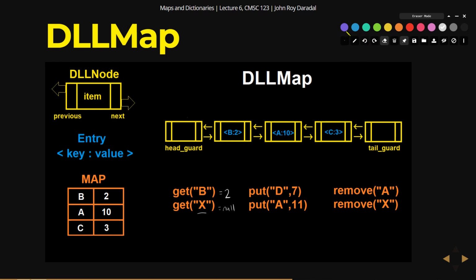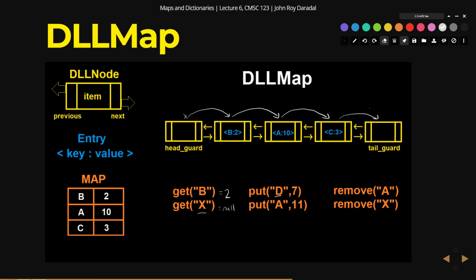Now how about for put? For put, let's say we put D7. First we need to make sure that the key D does not exist, right? So we have to search first for the key D, right? So start at the head guard, go to the next. Is this D? No. Is this D? No. Is this D? No. And then we'll reach the tail guard.